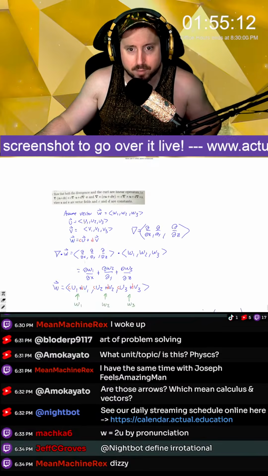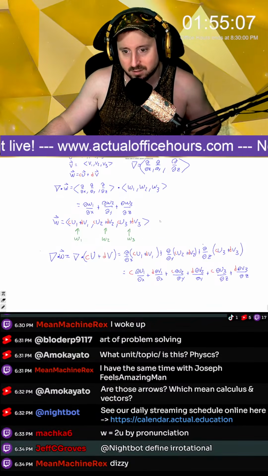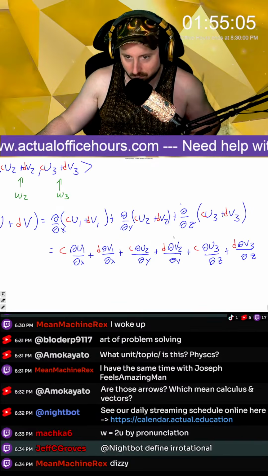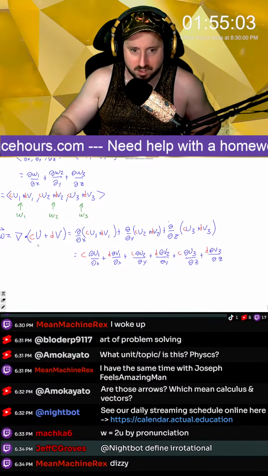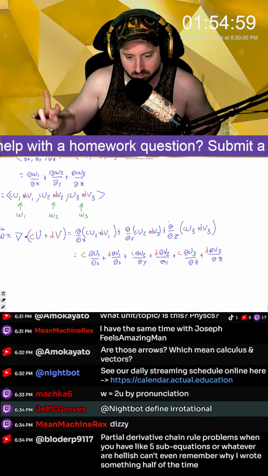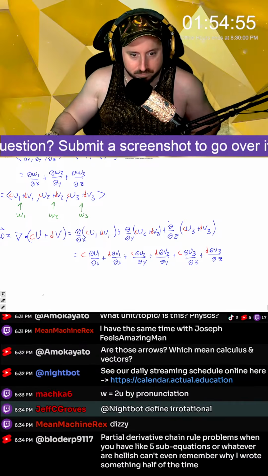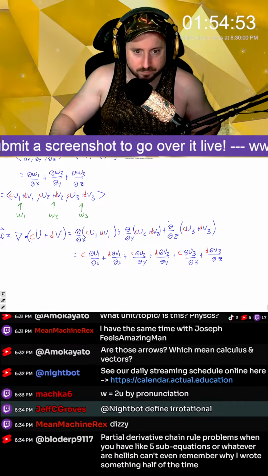We're trying to prove that that is equal to c div u plus d div v. All right, so this is the divergence of cu plus dv, where c and d are constants, or scalars, sorry, and u and v are vector fields.